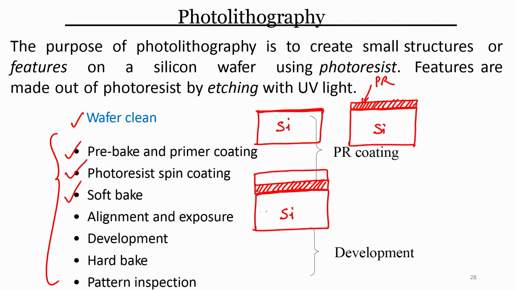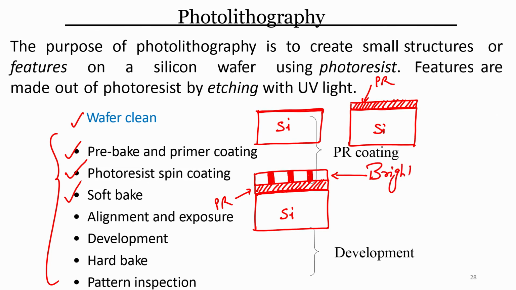So, this is my silicon, this is my photoresist, and this is my mask. Now, the red bold area blocks light in this design, some pattern area on the mask. So, what is this one? This is my bright field mask.